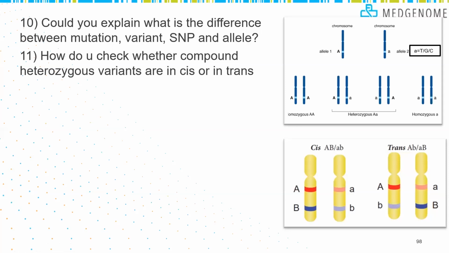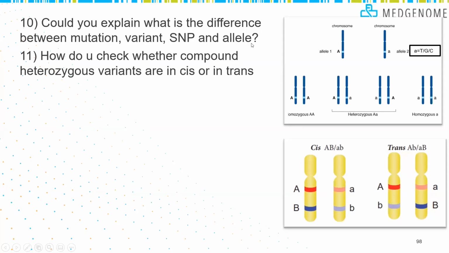Polymorphism is more common in the population. We can take the cutoff as 1%. Mutation is a rare variant, and it is more likely to be causative of pathogenicity, and hence it is mutation. Many people take it as interchangeable, but we can stick to variant to be specific.